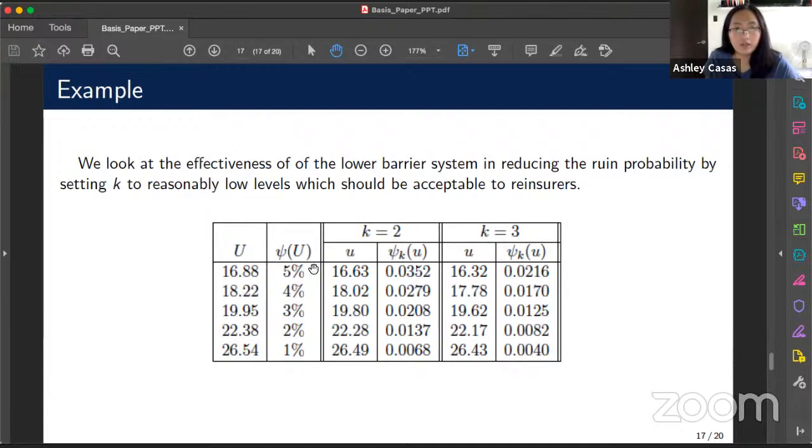The first thing we do is set the ruin probability under the original process equal to these values, and then we solve for the corresponding values of capital U. And using these values of K, we solve for the ruin probability, which is given here in this column and this column.